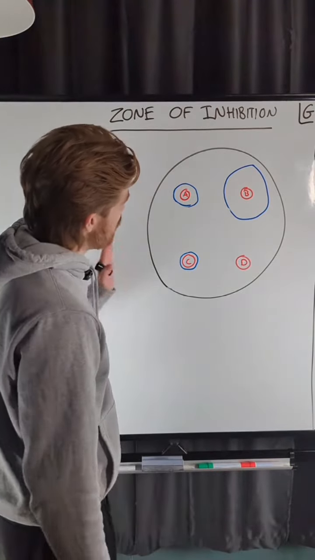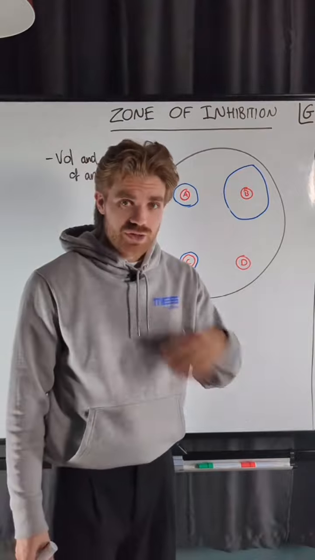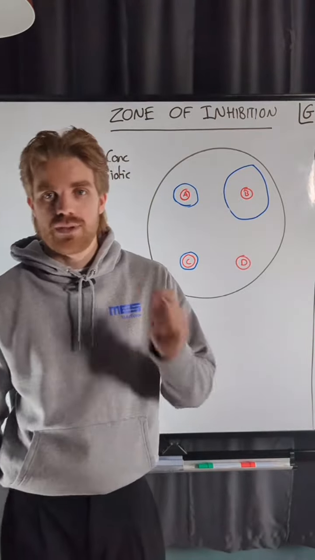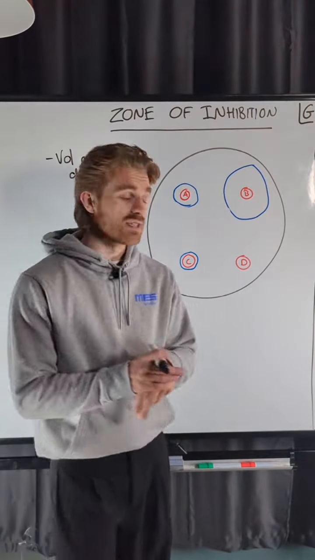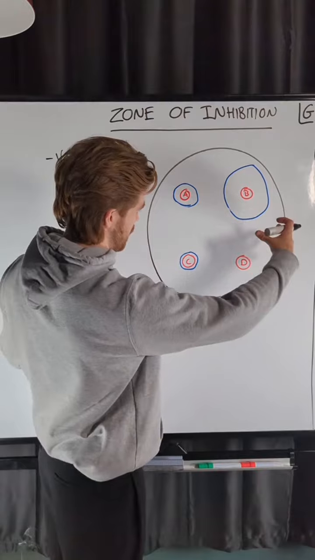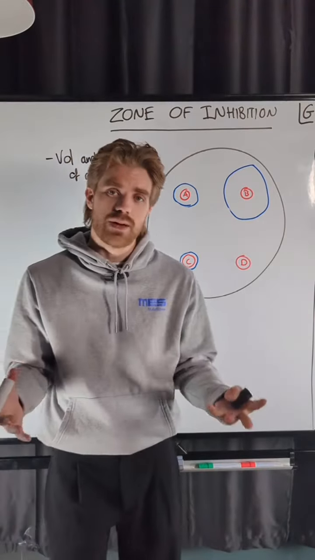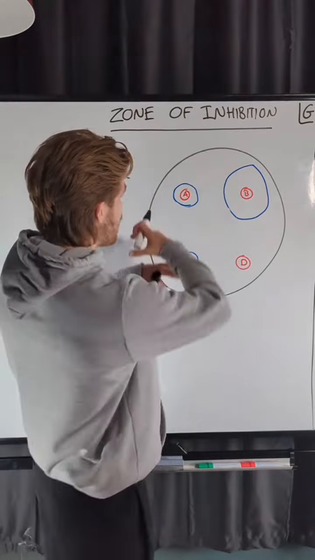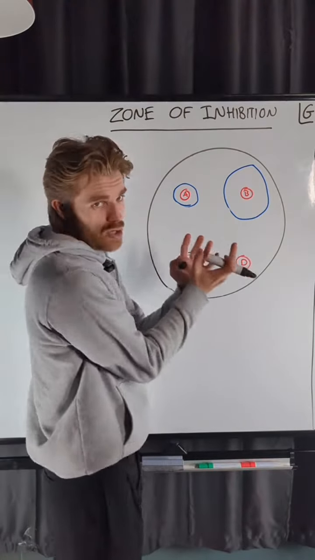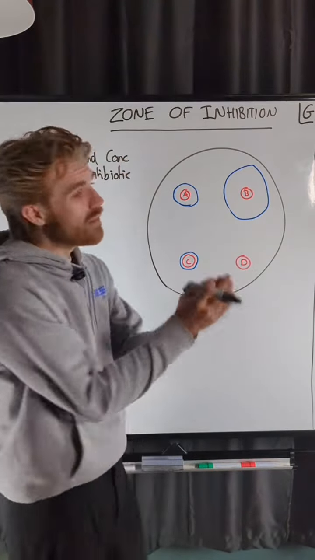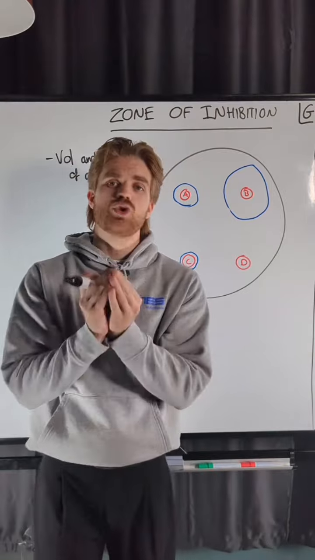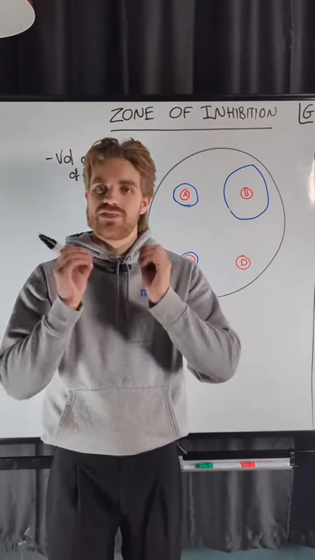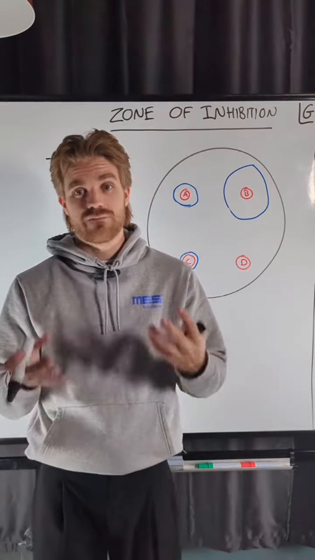We also want to then measure the size of our zone of inhibition. Well, the antibiotic is going to diffuse out of the filter paper. As it diffuses out of the filter paper, it is going to kill any bacteria, which means the area around the antibiotic disc, the filter paper, where the bacteria are unable to grow and reproduce, is where the antibiotic is effective.